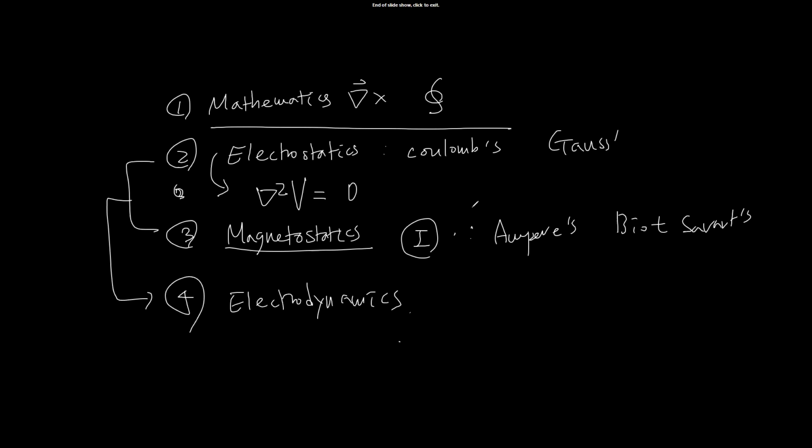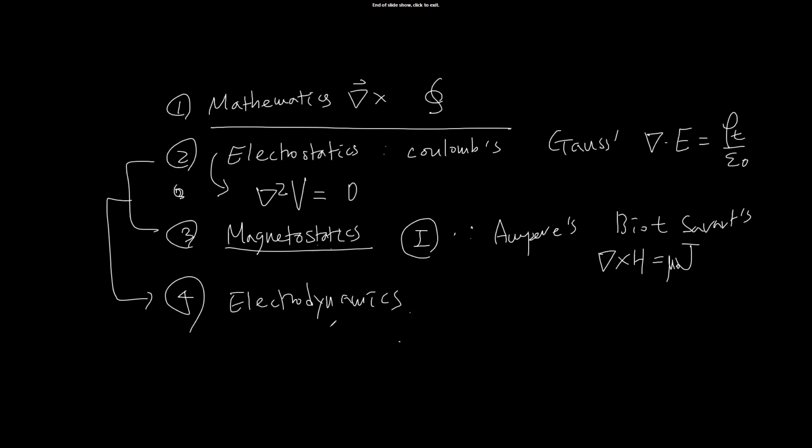Up to this point, the governing equations were very simple. In this case the governing equation was this, and here the governing equation was what? Is there a mu zero? Anyway, it's this simple.